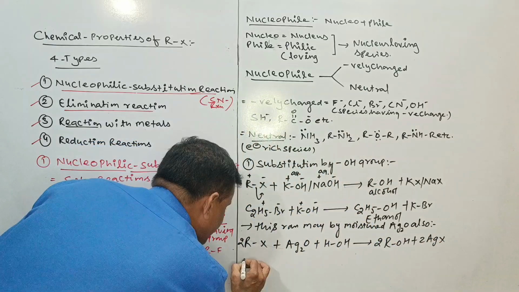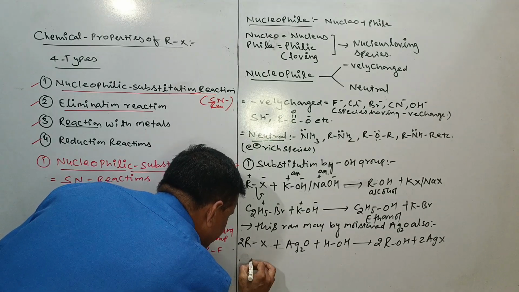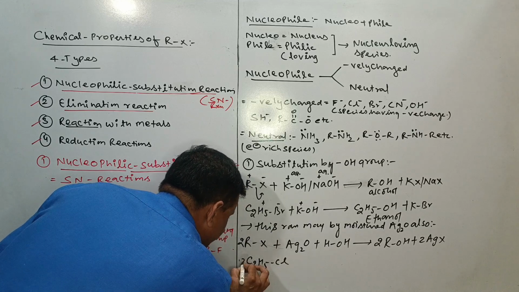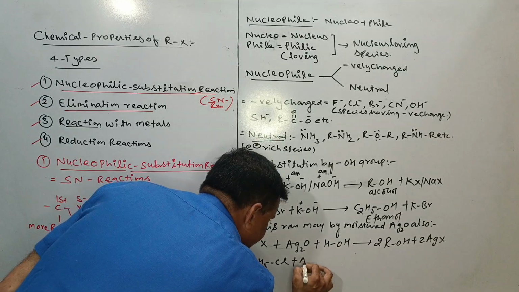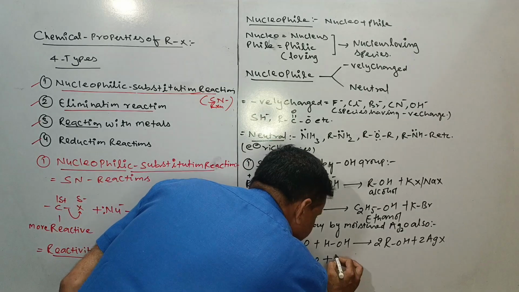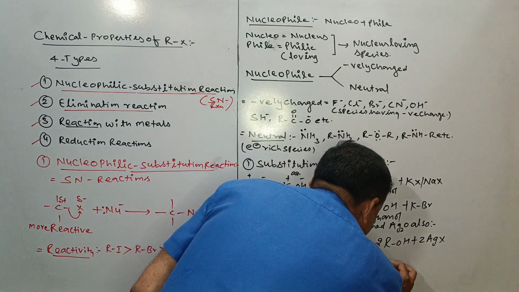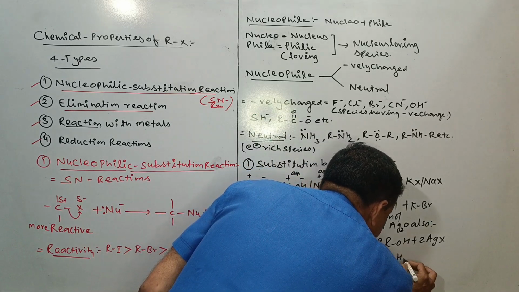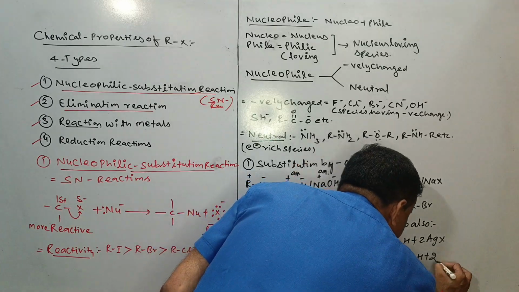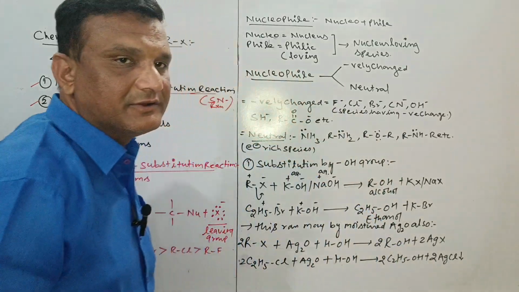If you take C2H5Br, or you can also use C2H5Cl, then on reaction with Ag2O and HOH, there will be formation of two molecules of C2H5OH as ethanol, and 2 AgCl. You can also say there will be formation of a white precipitate.